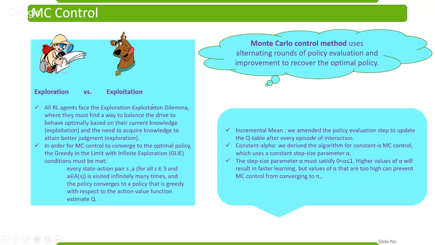As we were talking about exploration, what is exploration in terms of reinforcement learning? Exploration is when the agent draws a balance and explores and checks all the rewards, whether they are positive or negative, whether they add to the cumulative rewards or subtract from the cumulative rewards. Whatever knowledge they acquire, they should explore to attain better judgment.